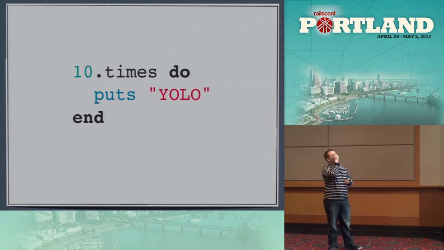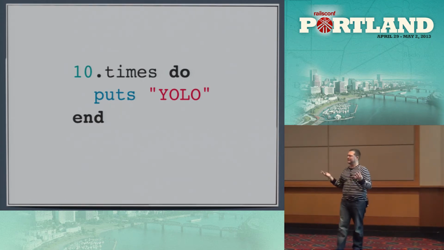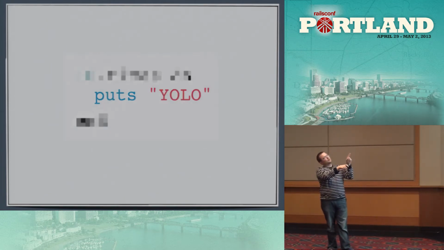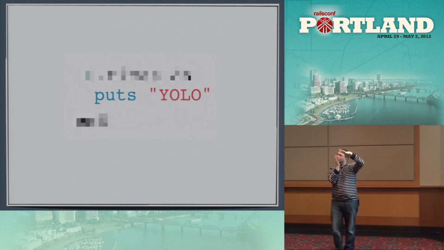Valuable code right here. You can tweet this. But it's 10.times, and I saw this and I was like, this exists? This is a method in an actual programming language? What's happening is you send in the puts YOLO, and that part gets sent into each item in the array.